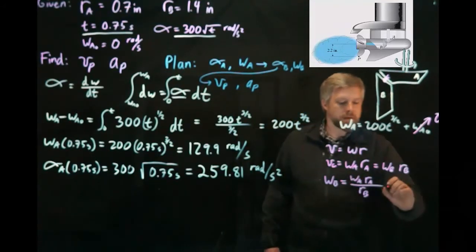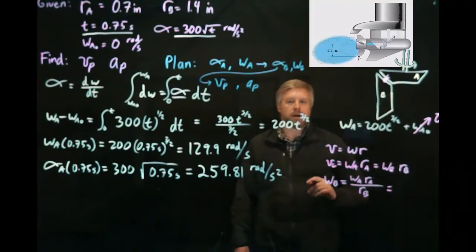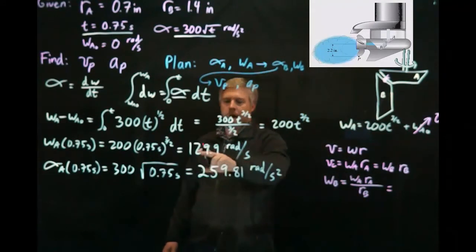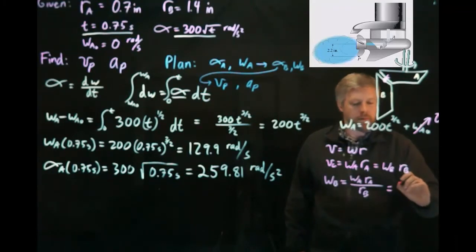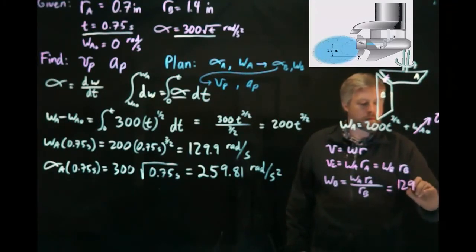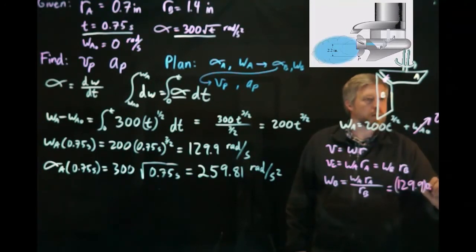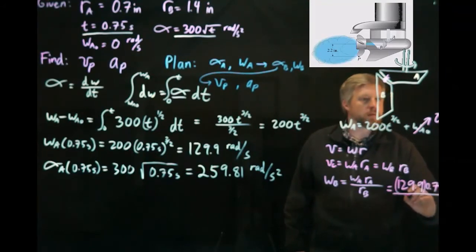which in this case is going to be omega A, which we solved for as 129.9 radians per second. And then we're going to multiply that by RA, which is 0.7 inches. We're going to divide it by RB, which is 1.4.